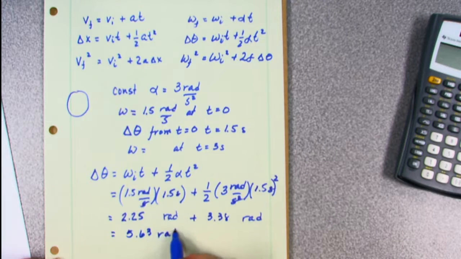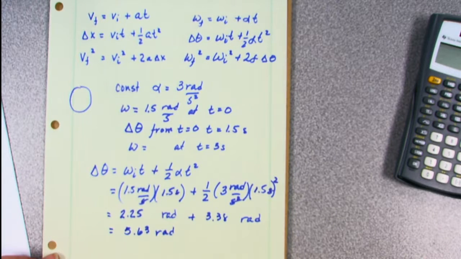5.63 radians. But if you're like me, you go, well, I don't know what that really means, because I don't think in radians. So I may want to convert it to number of revolutions.